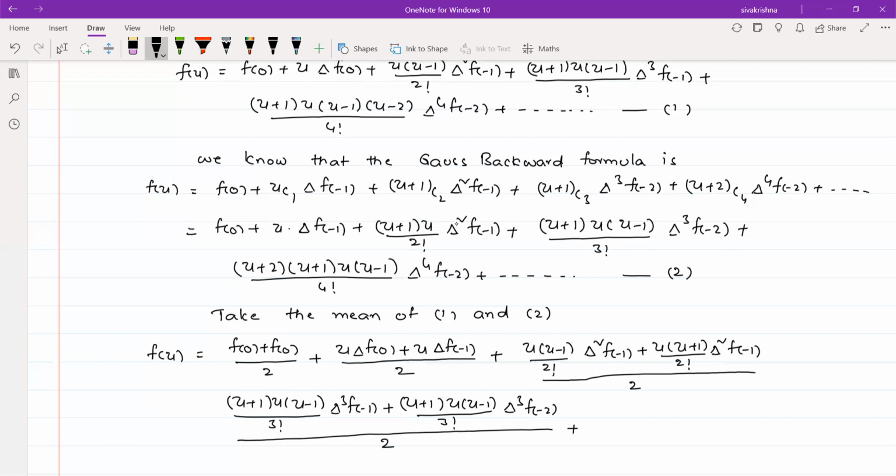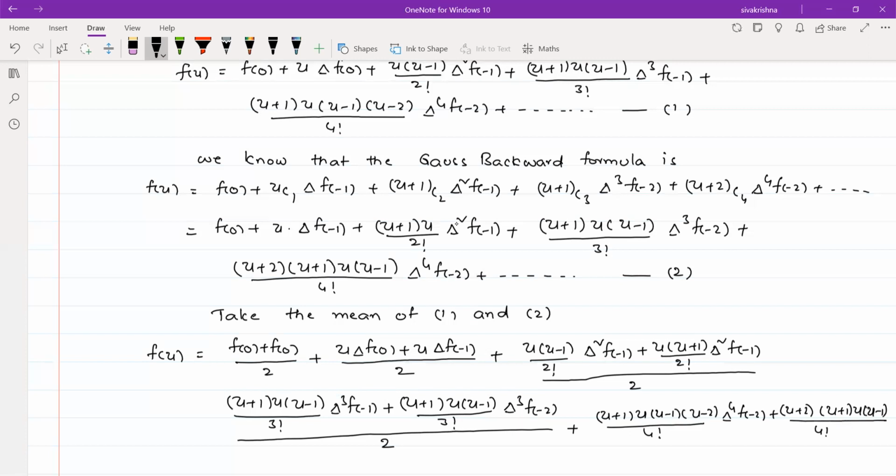In equation 1 we have u plus 1 into u minus 1 into u minus 2 by 4 factorial into delta power 4 f of minus 2 plus, and in equation 2 also we have u plus 2 into u plus 1 into u into u minus 1 by 4 factorial.